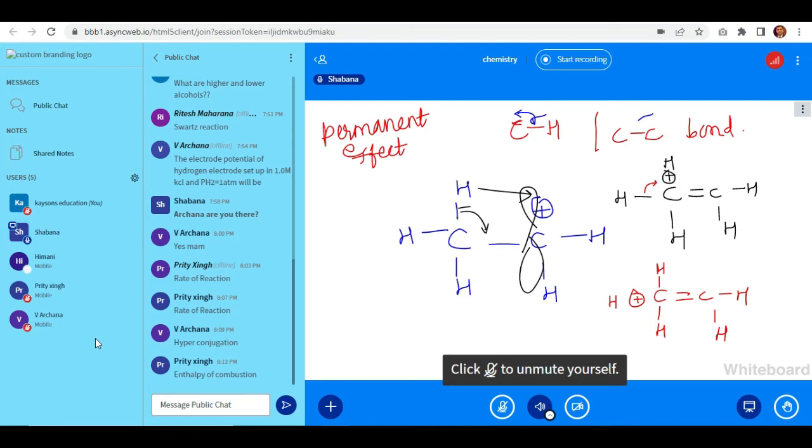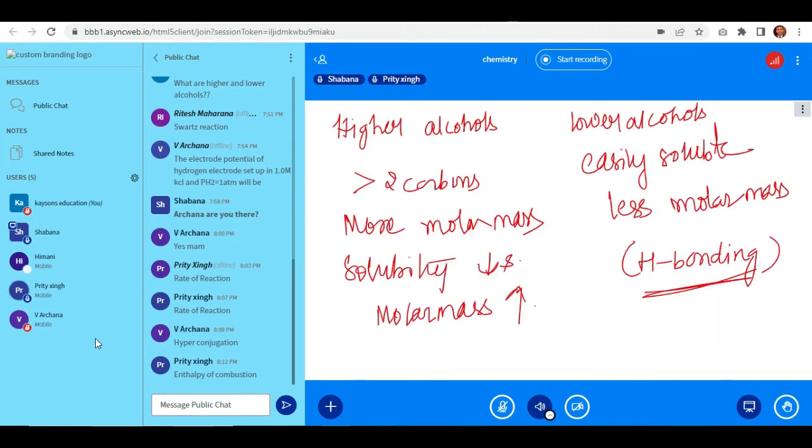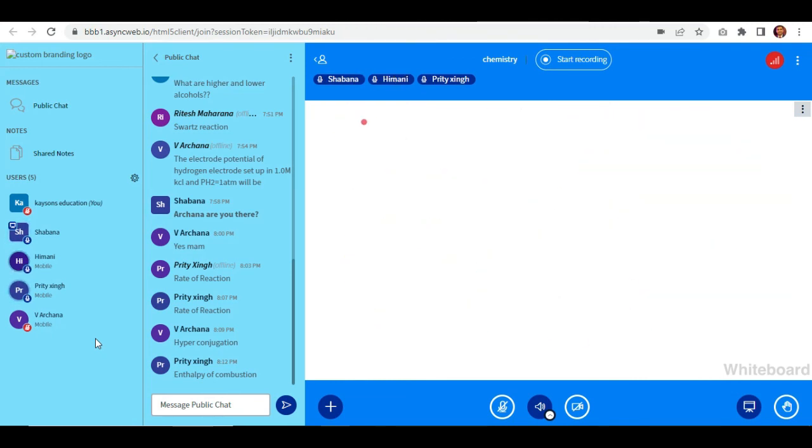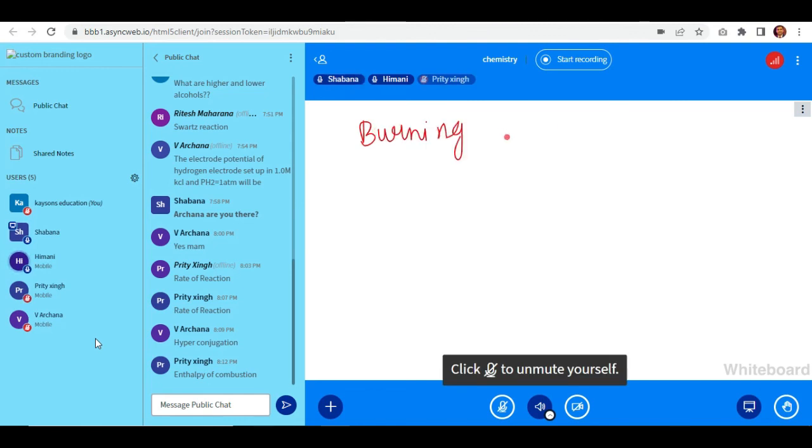So what is combustion, Preeti? Yes, ma'am. What is combustion? If anything is burning in air, burning in presence of oxygen.